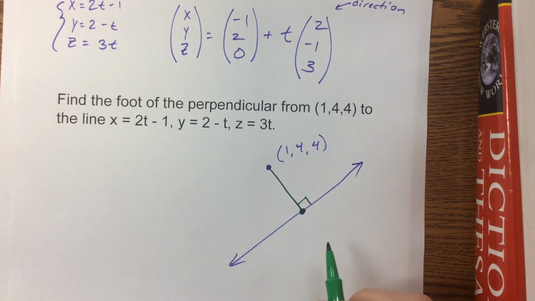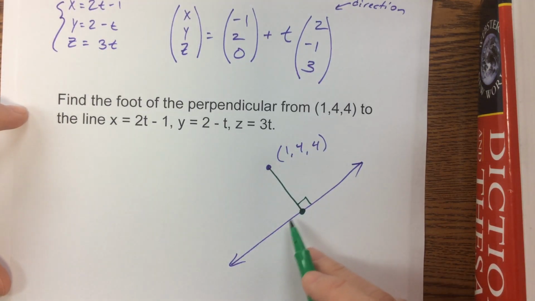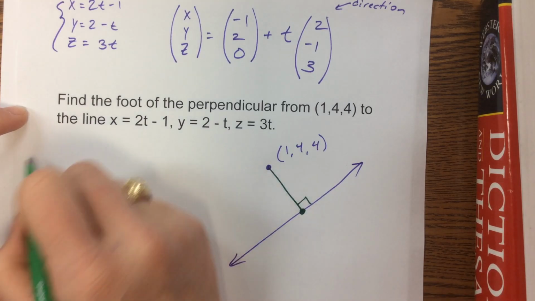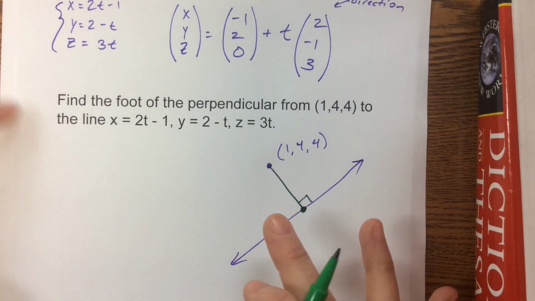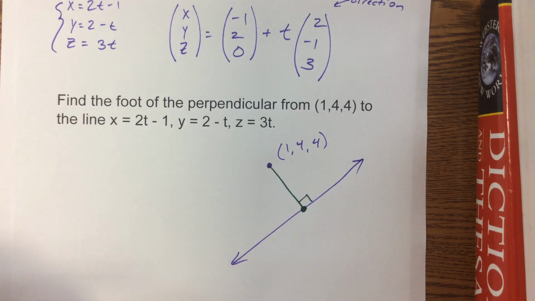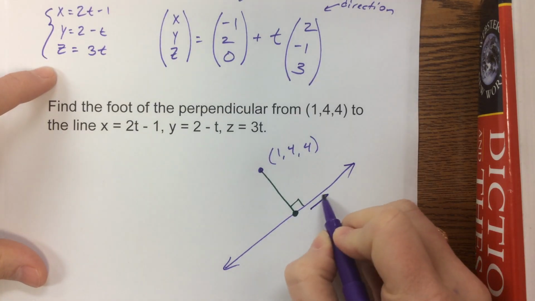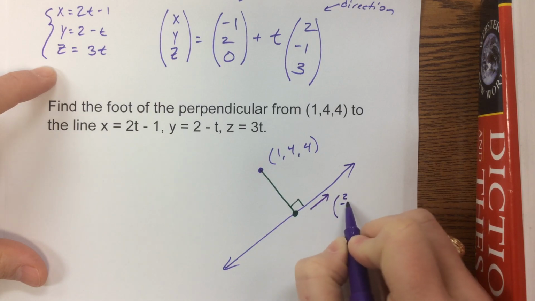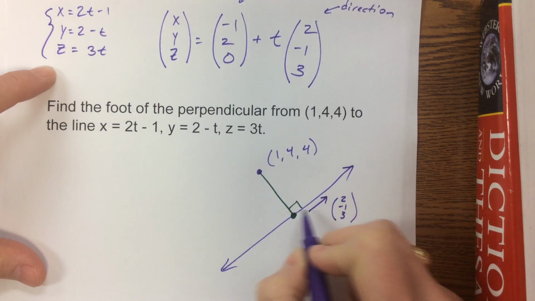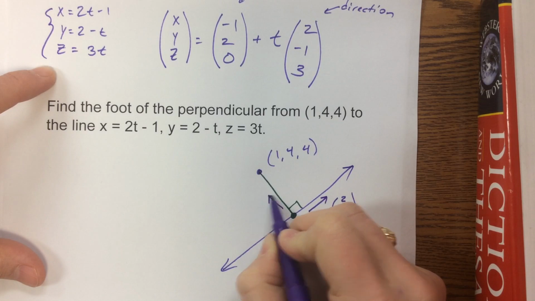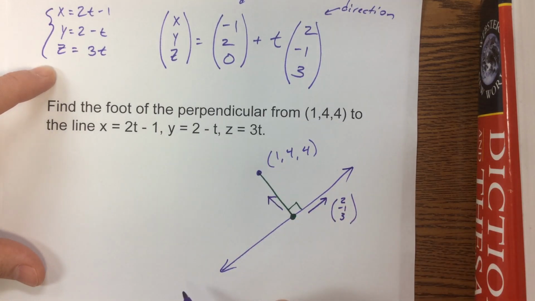If you remember, we know that we have perpendicular vectors if the dot product is 0. So we want my direction vector, which is 2, negative 1, 3, dotted with this other vector to equal 0.